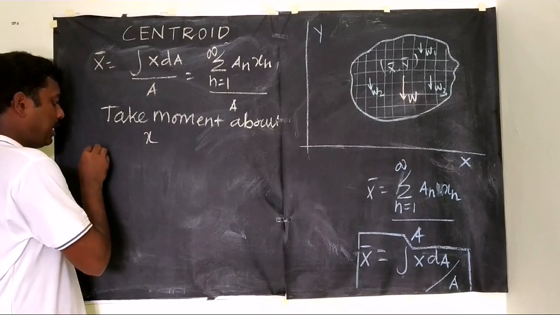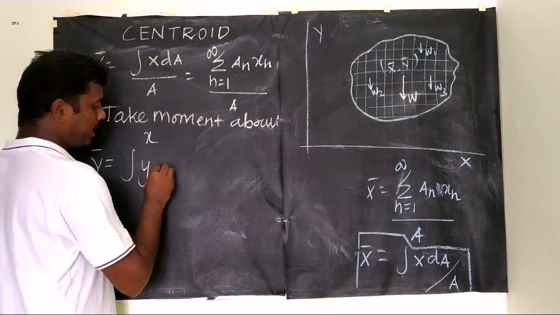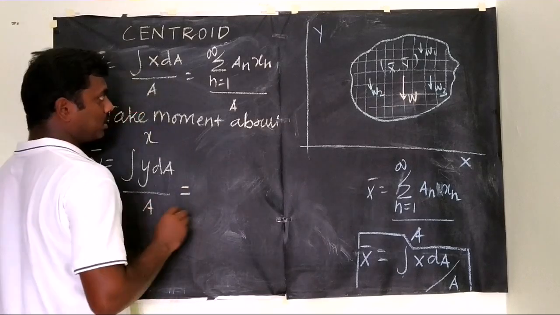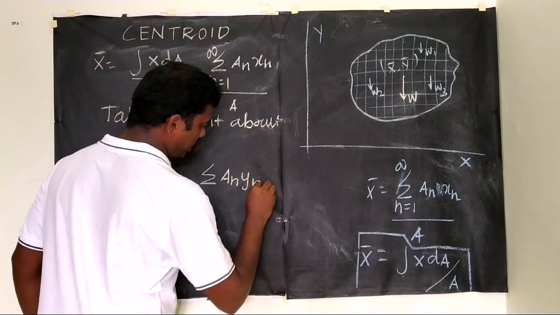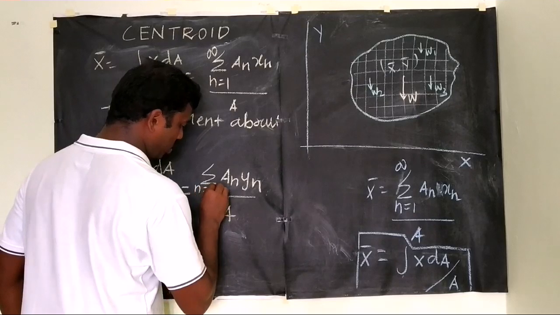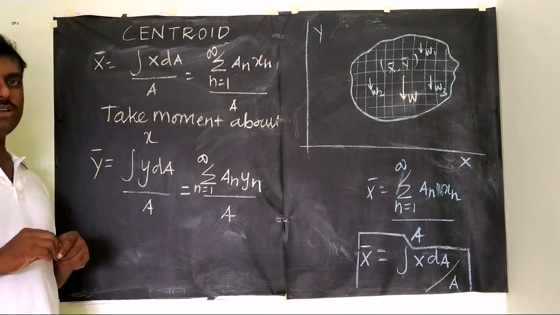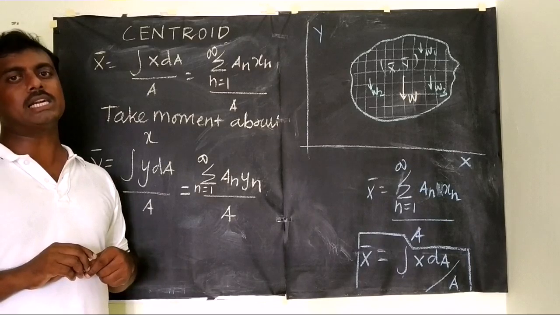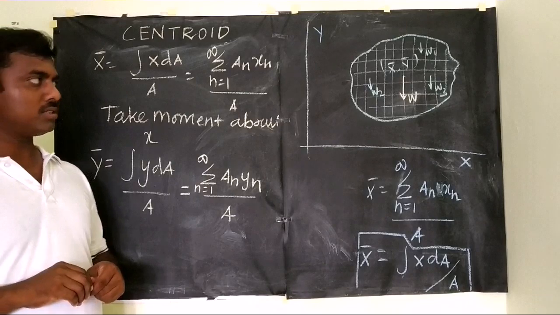That time the value of y bar is equal to integral of y dA by capital A, or sum of an yn by capital A. Here n varies from 1 to infinity. Okay, this is the standard formula used in centroid. With the help of this formula, we will get the centroid of any lamina or plane figures.